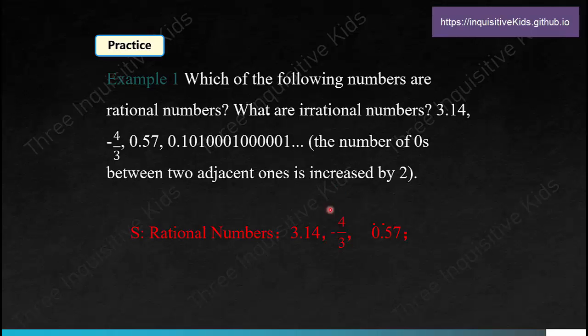The rational numbers are 3.14, negative 4 over 3, and repeating 0.57. Any fraction is a rational number because it's already written in fraction form, of course. 0.57 is repeating, so it has these dots.